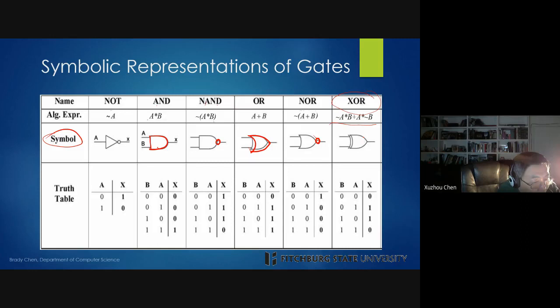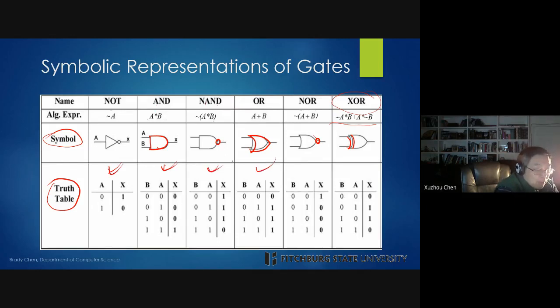Now, the exclusive OR gate is kind of interesting. It looks like the OR gate, but you have a double curve here. That's called exclusive OR. The operation looks like this: it's the negation of A and B, or A and the negation of B. Now, if we try to build a truth table for each of these gates, this is very straightforward, because we know these.